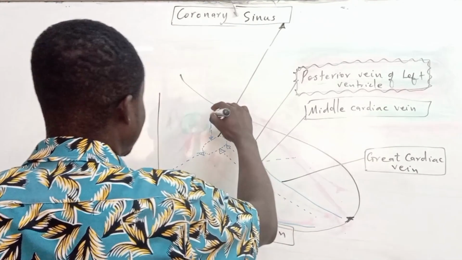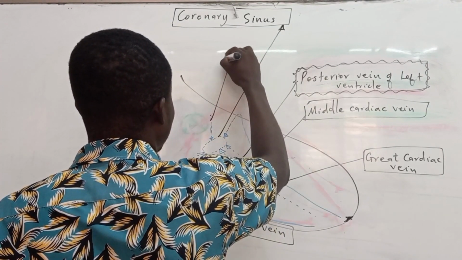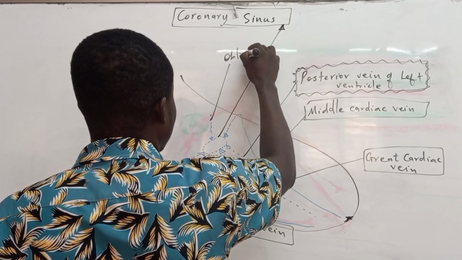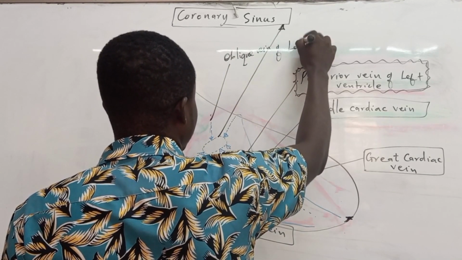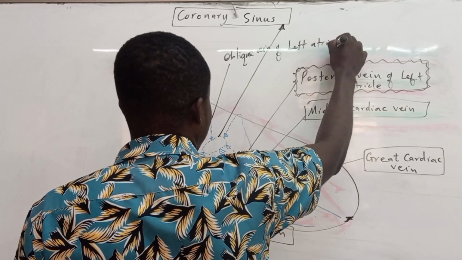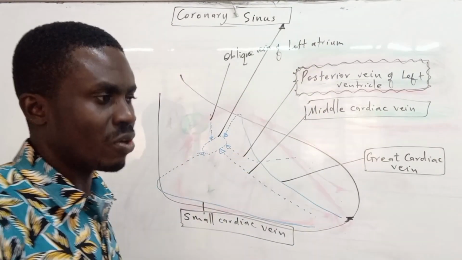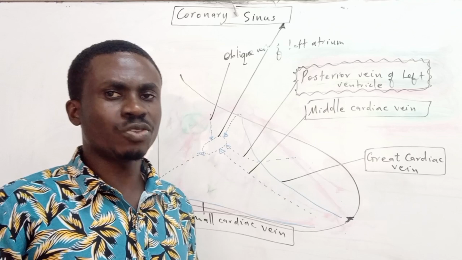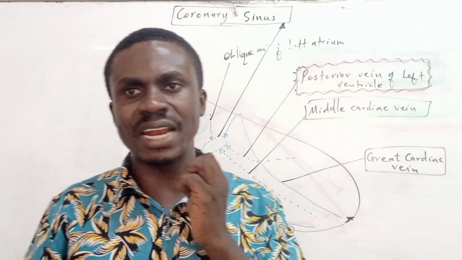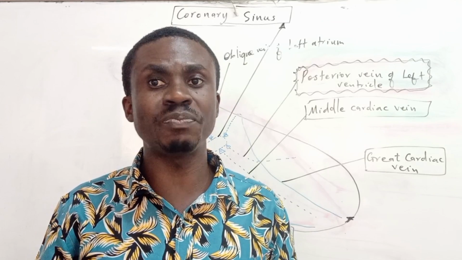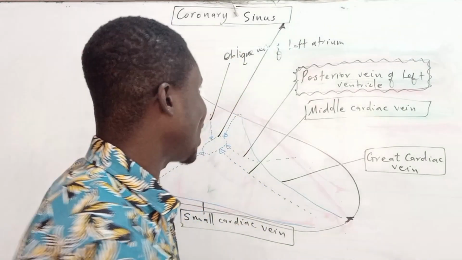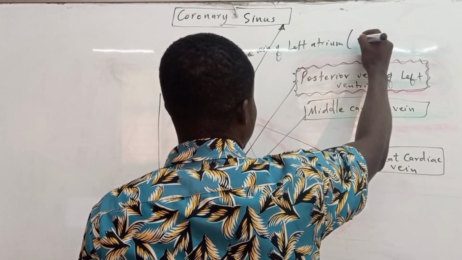We call it the oblique vein of left atrium. Now, this oblique vein of left atrium actually has an eponym, so sometimes we simply call it the vein of Marshall.